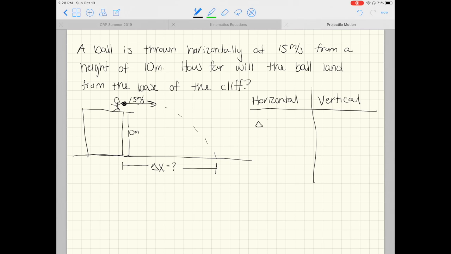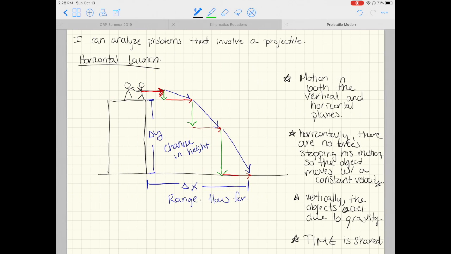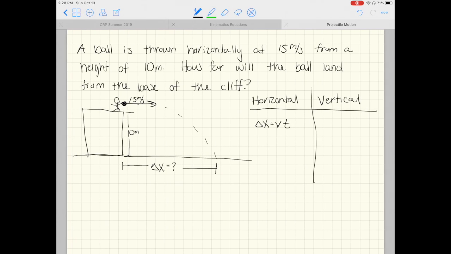Horizontally, we only ever have one equation that we're ever going to use, and that's the equation for constant velocity, which is delta x equals vt. That's because, again, there are no forces horizontally to stop my motion, so I move with a constant speed. Vertically, however, I cannot. Vertically, I have to use one of my kinematic equations, which are all of these.